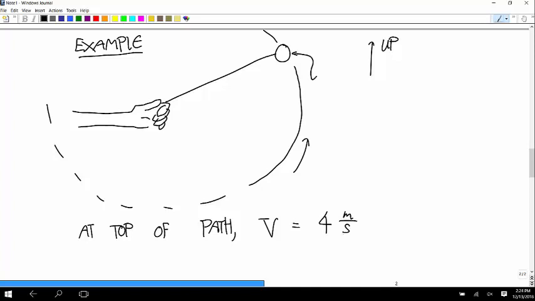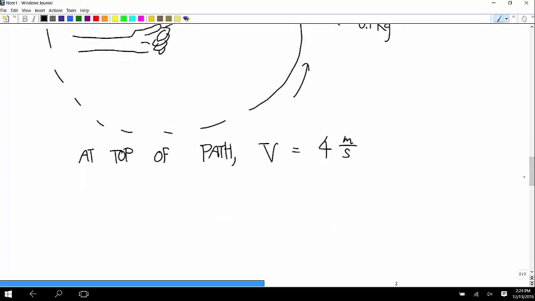And let's give this a mass. Mass is 1/10 of a kilogram. That's a side view, yep. That's right. So let's figure out the speed of the ball at the bottom of the path.